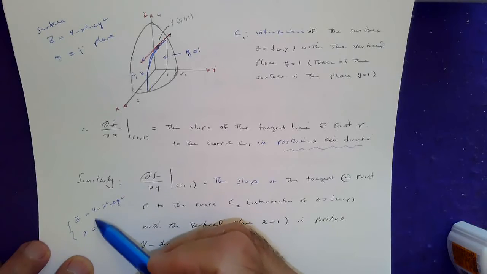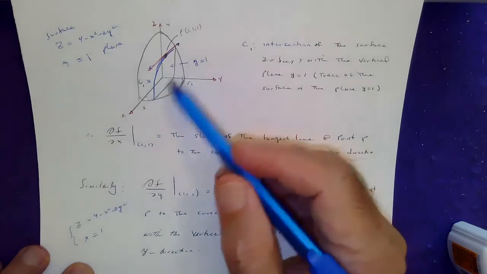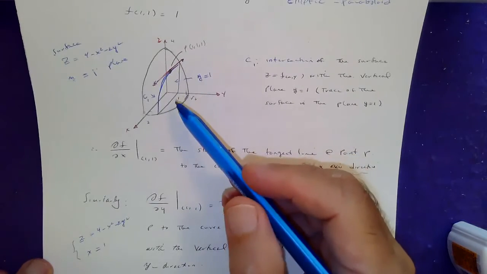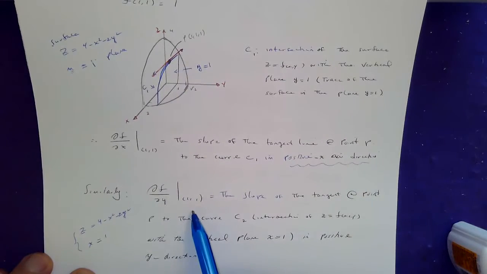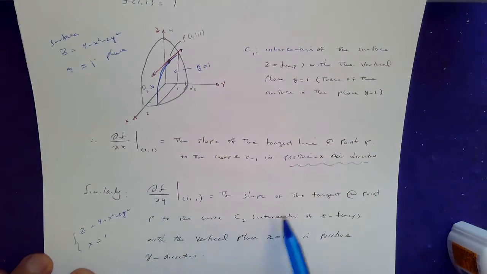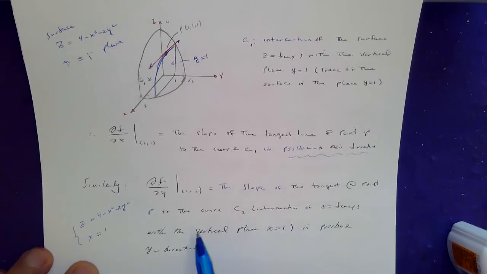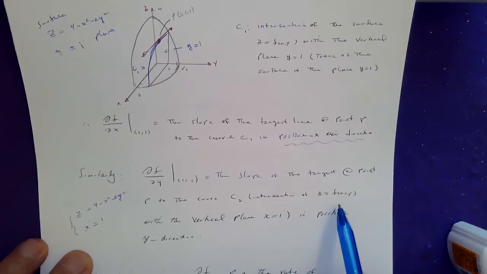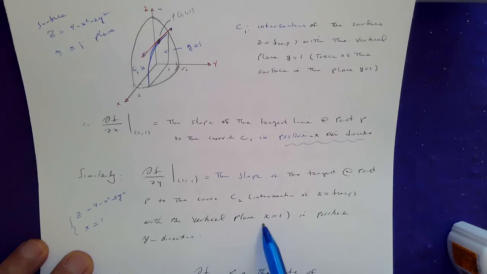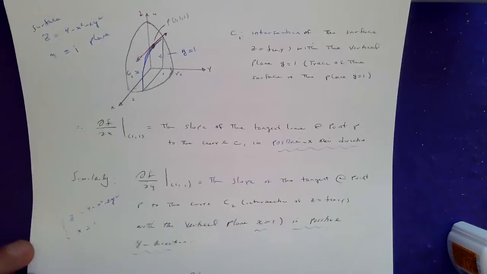The intersection of these two surfaces is a curve, just like before. If you draw the tangent line at that point, you're finding the slope of the tangent line at point P to curve C2, which I don't have a picture of here. That's the intersection of the surface with the vertical plane x equals 1, in the positive y direction.